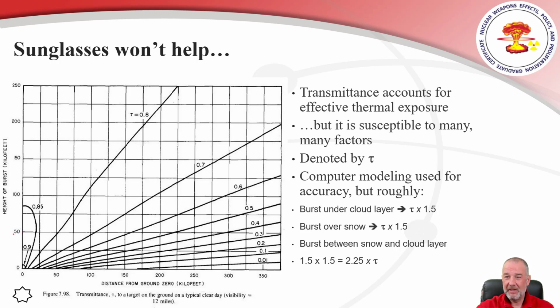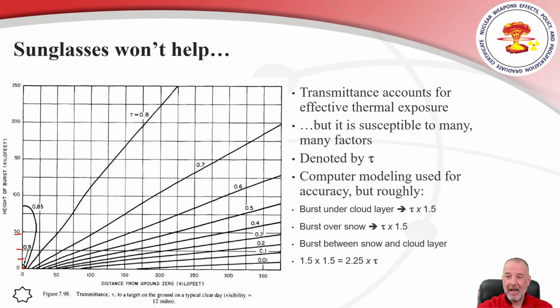So this is 50,000. So this would probably be 25,000, and then 12,000. So we're going to be way down in here. Okay, so we're just going to assume that it's basically right on top of us.